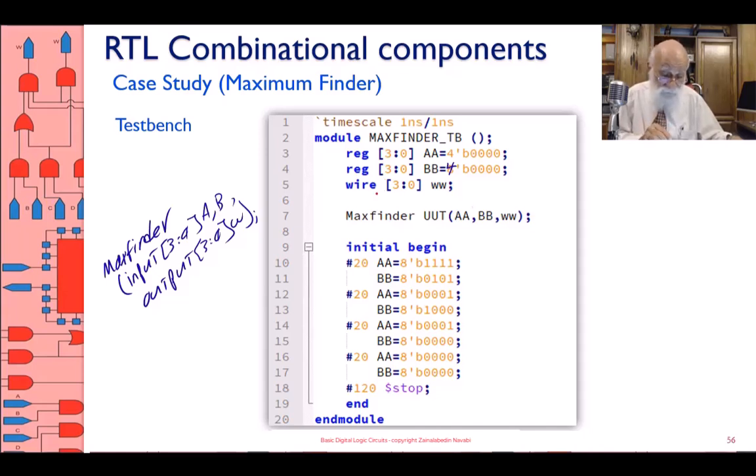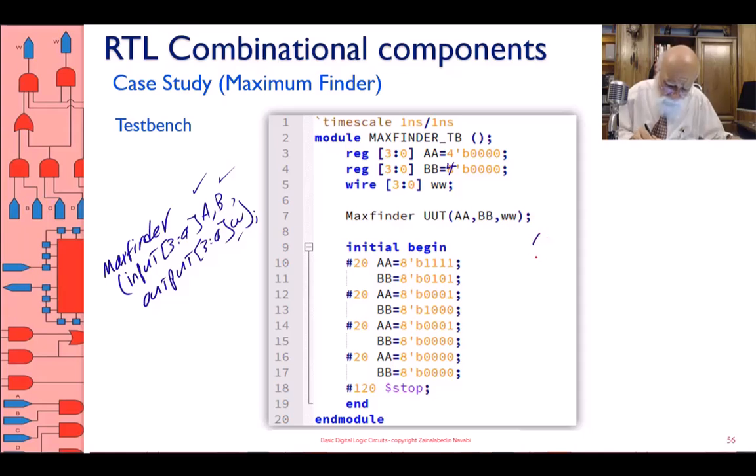Then I want to observe WW, which I'm going to connect to W. Then the next line, line 7, I'm instantiating the component and I'm wiring AA to A, BB to B, WW to W. Alternatively, instead of doing the connections by ordered connection, I could do named connection.